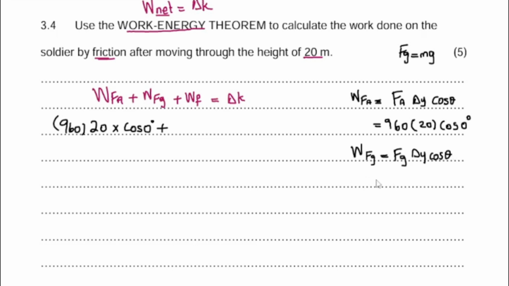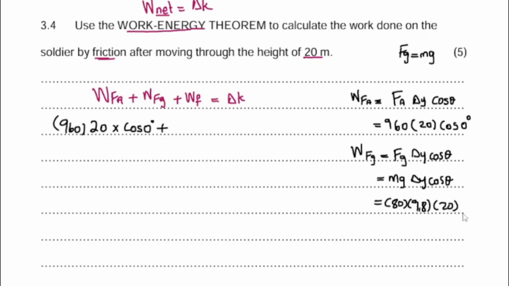If we substitute that, what do we get? This is mg, the weight is mg, times delta y, the cos of theta. Let's substitute the mass, it's 80, and this is 9.8. Then delta y, the distance traveled, is given as 20.